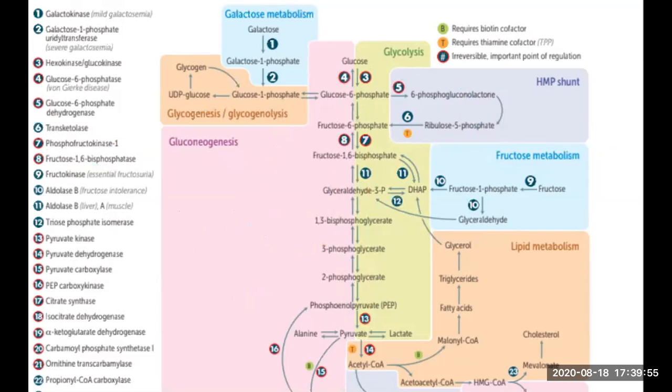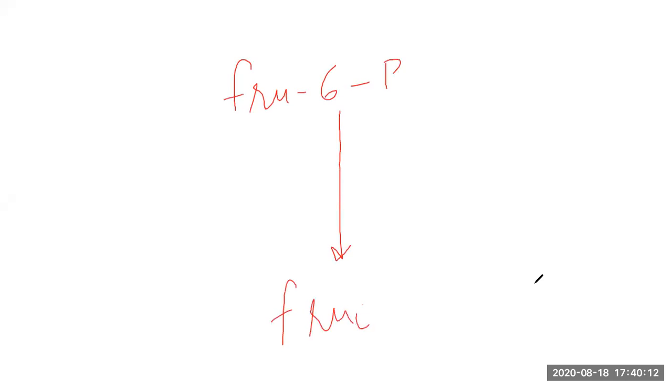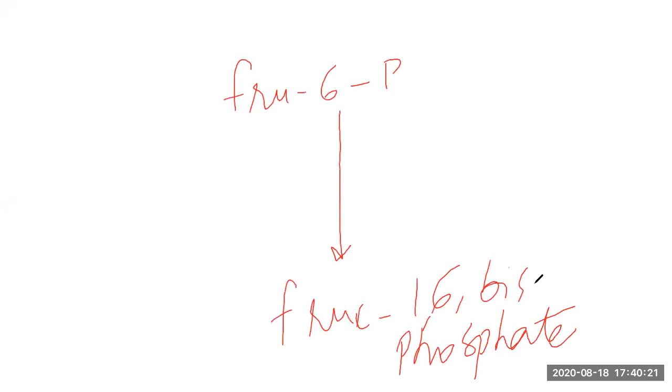So now you see, this is your fructose 6-phosphate. One arrow is going down and you made fructose 1,6-bisphosphate, and the enzyme you used was PFK1.